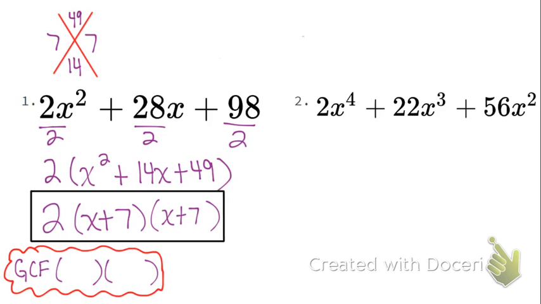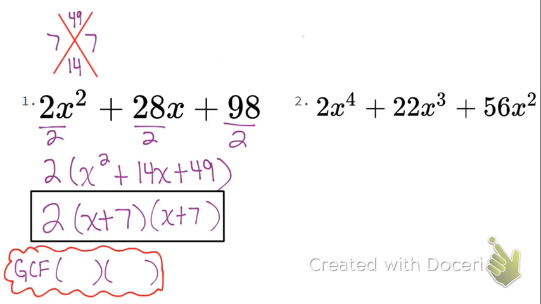All right, let's try number 2. Again, I think you can see that all of these can be divided by 2. They're all even numbers. But this time they also are going to have x's in common. So remember that you can factor out as many x's as they can all give up at the same time.